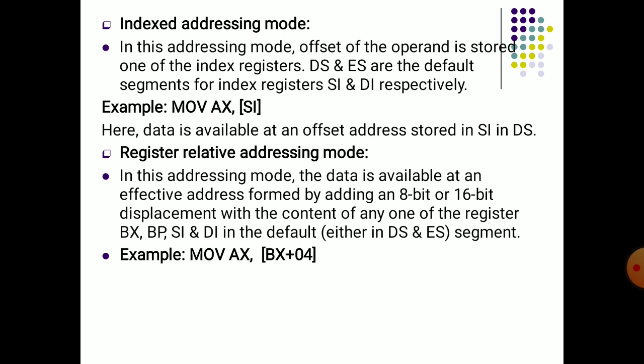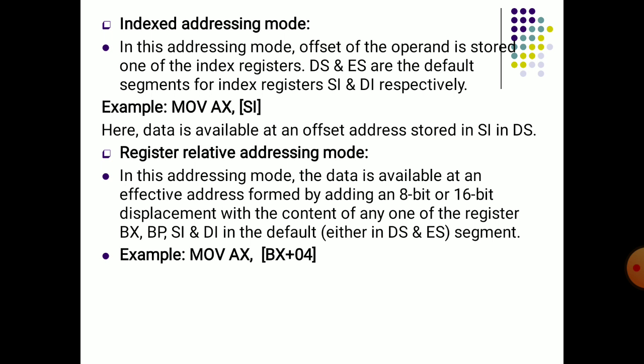Now the next addressing mode is register relative addressing mode. Here the term relative indicates that a displacement is added to form the effective address. The displacement may be either 8-bit or 16-bit data.